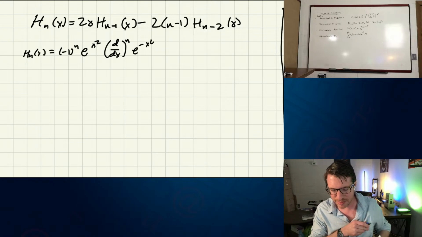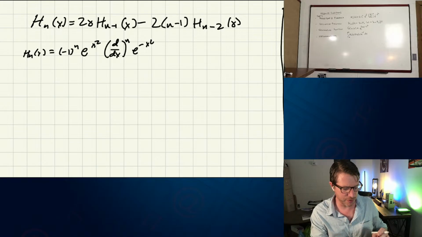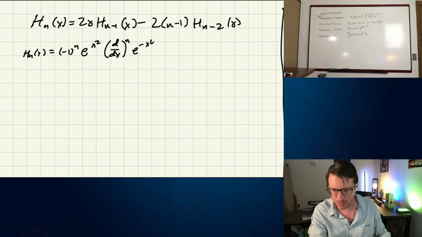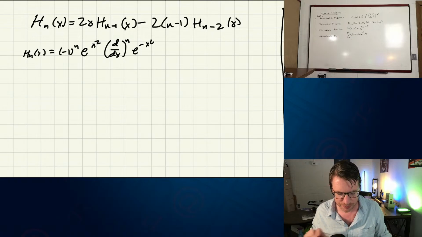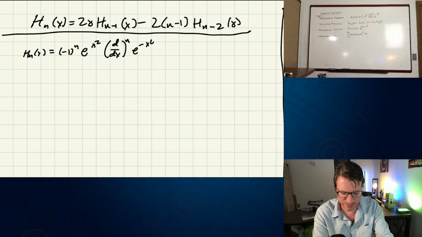And if it's not clear that this delivers polynomials, we can work this out in a couple of different ways to demonstrate that. So before we jump into this, let's actually just verify that these are polynomials.